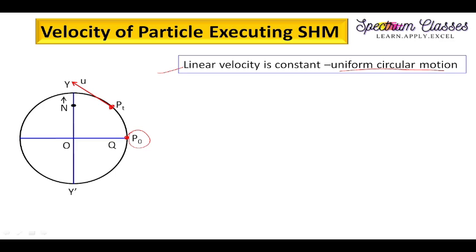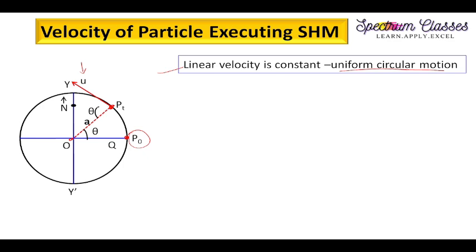If we make a tangential line to this point Pt, it gives its linear velocity u. And if I join the center to this point Pt, the radius of the circle is a and it makes an angle theta.